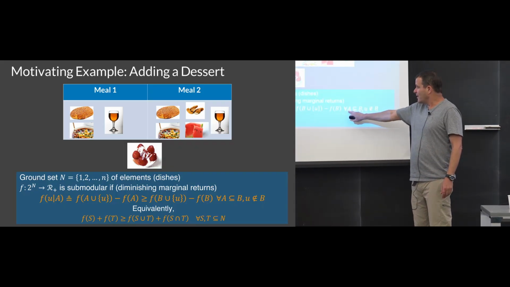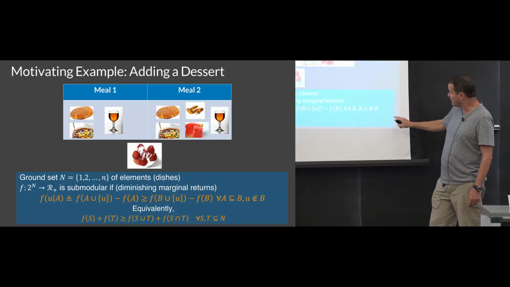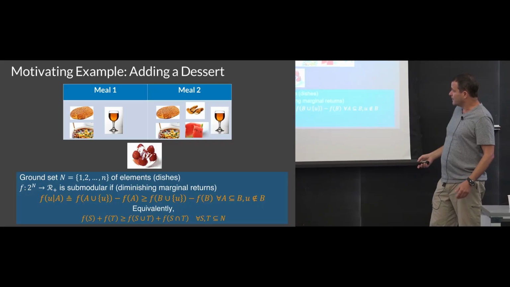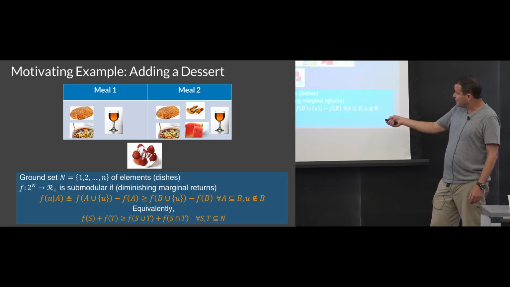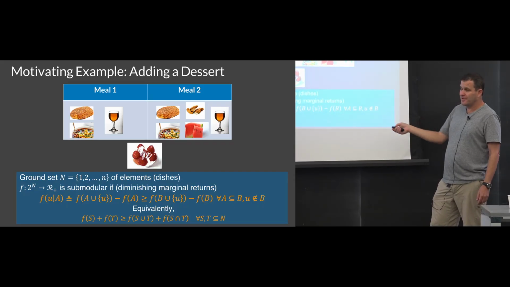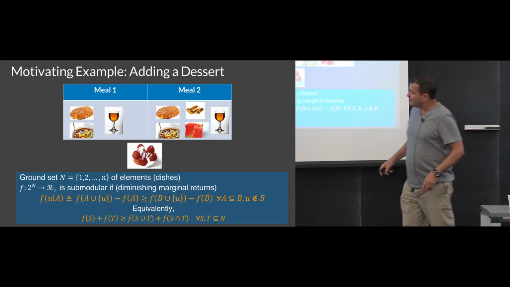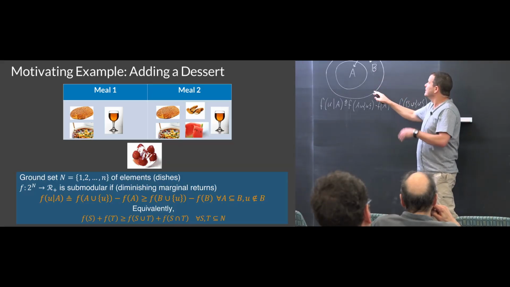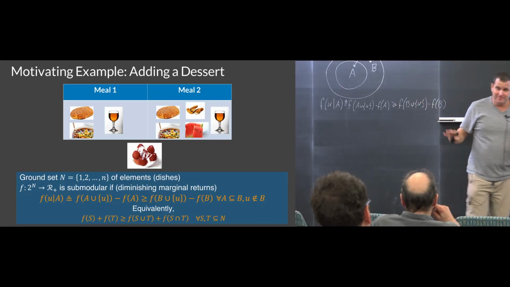When you have a subset of dishes A and another subset B that contains this subset, and you take another element u that is outside of these two sets, then the added value to set A is more than the added value to set B. I usually say that the added value of u to the larger set is less than to the smaller set, but smaller and larger actually means containment.